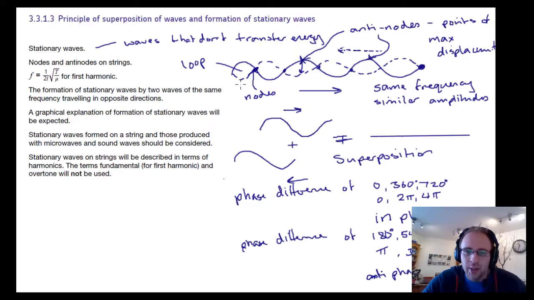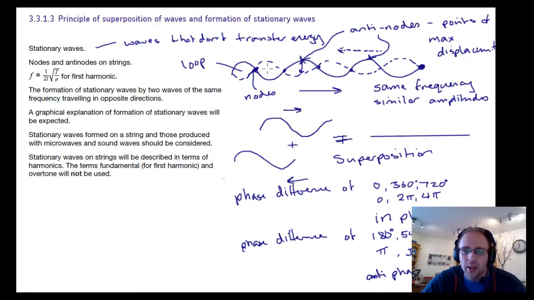So in these loops, all of the parts of the string in here are in phase with one another. They have a phase difference of 0, and all of the parts of this loop are in antiphase with all the parts of this loop.